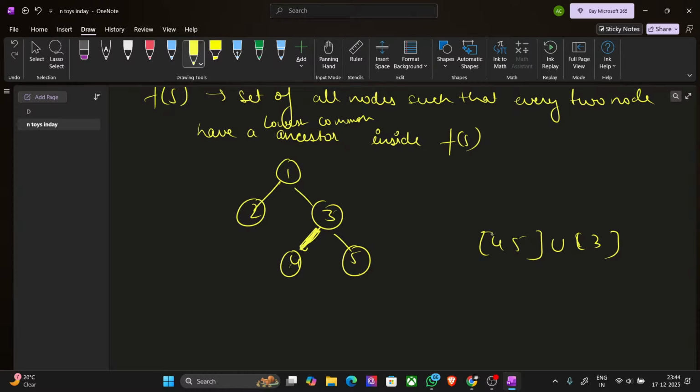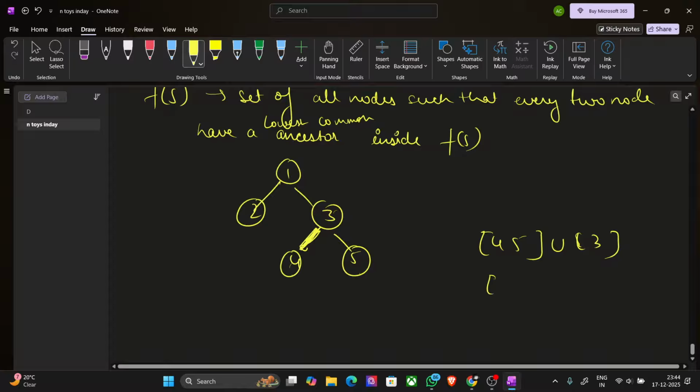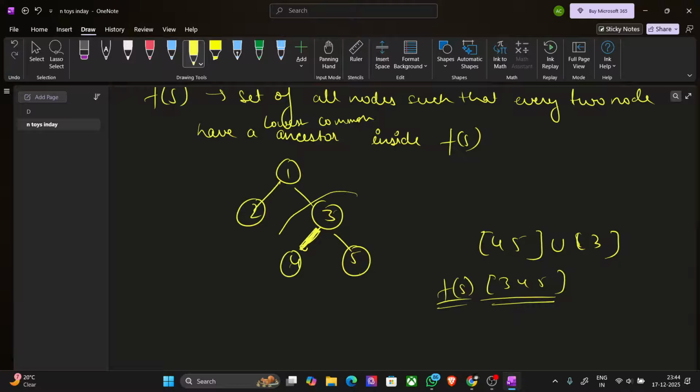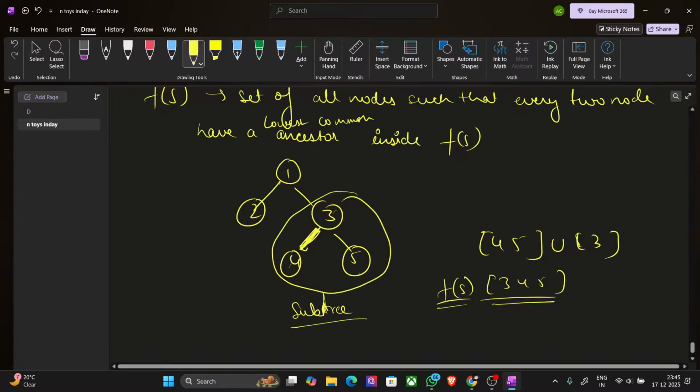So 3, 4, 5 is a valid Fs, correct? And if it is a valid Fs, as you can see, this makes a subtree, correct?